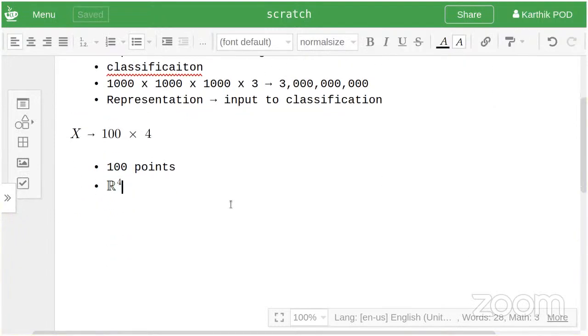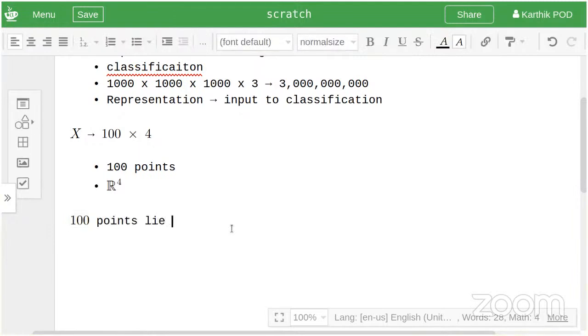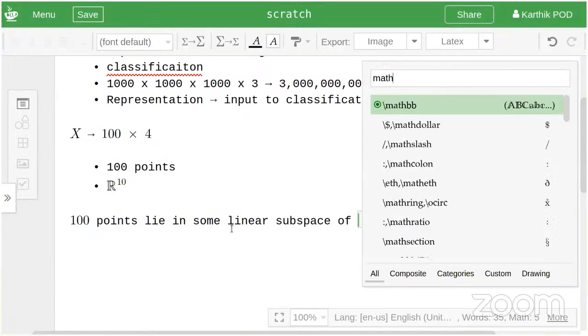Now what you're asking is, what do we mean by linearity? What I mean by linearity is that these 100 points lie in some linear subspace. Let's slightly increase it to R10, lie in some linear subspace of R10.